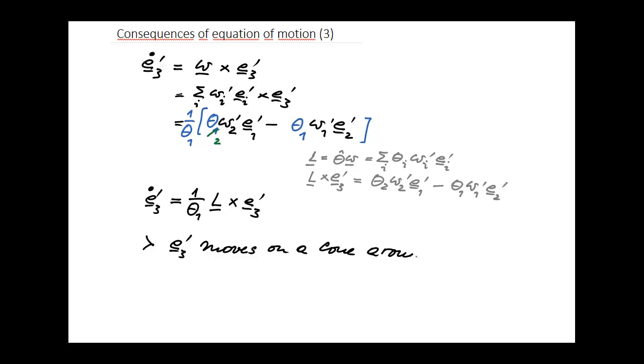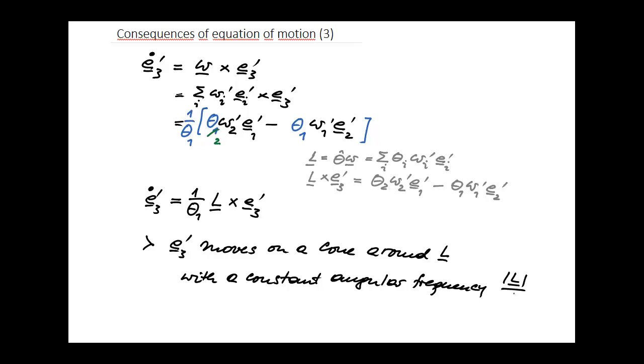It moves on a cone around L. And it does so with a constant angular velocity, angular frequency, and this is L, so the angular momentum divided by theta 1. It's a similar logic as for the angular velocity, that the basis vector e3 prime moves on a cone. It has constant length, that's clear because it's a basis vector, it's normalized.